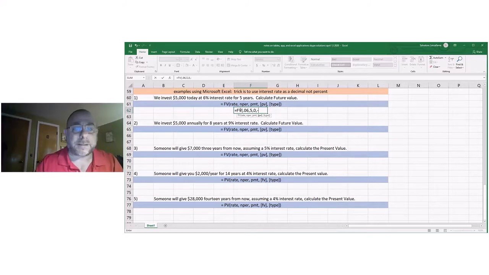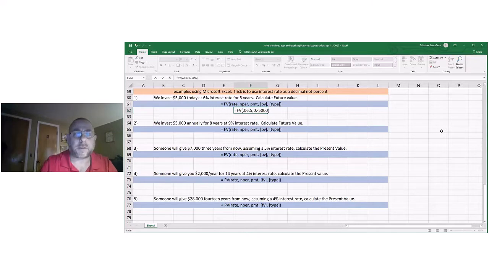I'm going to put it in as negative. It's easier on Excel to put in the negative sign. It might be a little harder on the calculator. And then I'm going to close the parentheses. So take a picture of that if you want. 6% is the rate, 5 is the number of periods. This is a non-payment scenario, and the present value is negative 5,000.